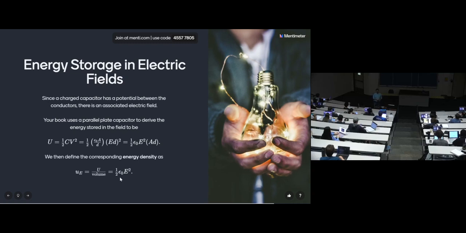I just love it when you can pull things out of thin air in an intro physics class, and then it turns out that with this very specific geometry and setup, you end up getting what is true in every general case. The energy density in an electric field is 1/2 epsilon naught E squared. Pretty cool.